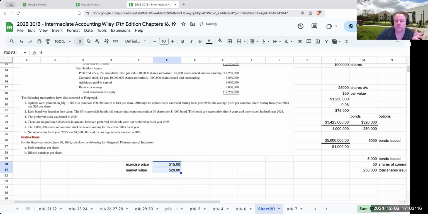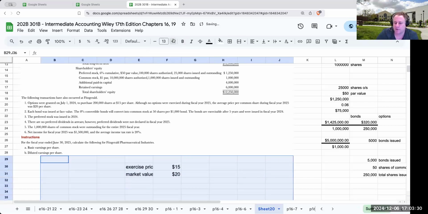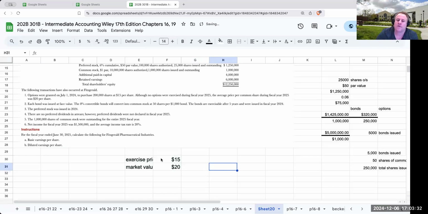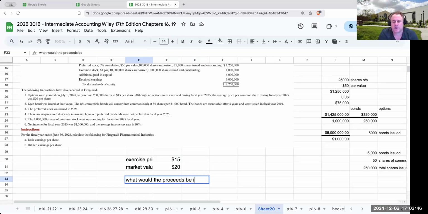The reason this is important is that if the market value is 14, we ignore it, because no one in their right mind would exercise options that are below market value. But in this case, the market value exceeds the exercise price, so we have to deal with it. So the first thing we want to figure out is what the proceeds would be if the options were exercised.